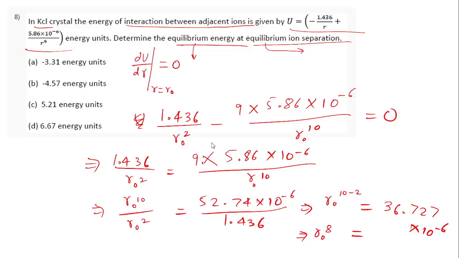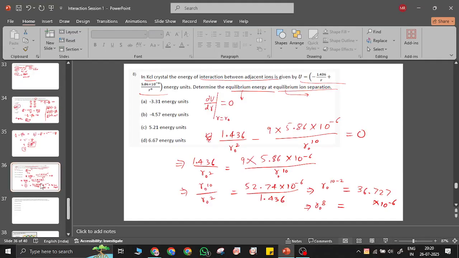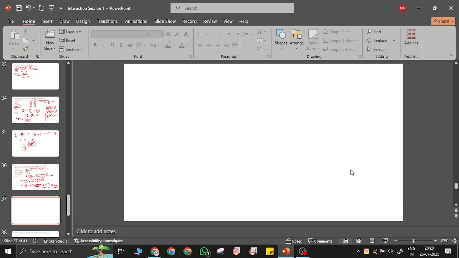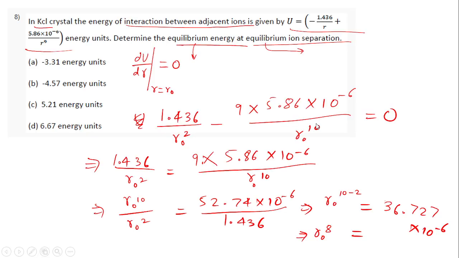So this R naught to the power 8, R naught will become what I got, 36.727 times 10 to the power minus 6, this whole to the power 1 by 8, right?